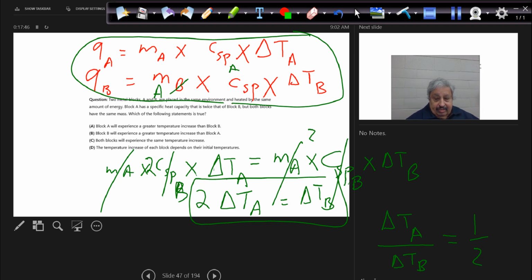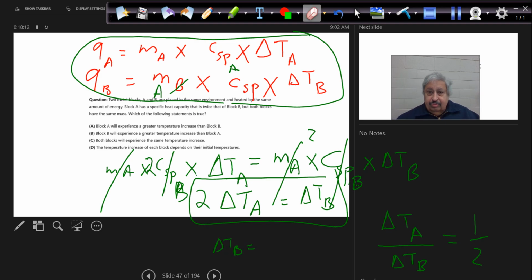It means delta T B, everybody's following here, is 2. Am I doing this correct? Everybody's following? The specific heat of A is twice that of B.